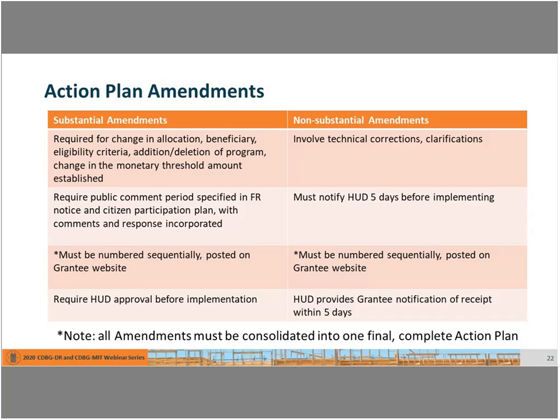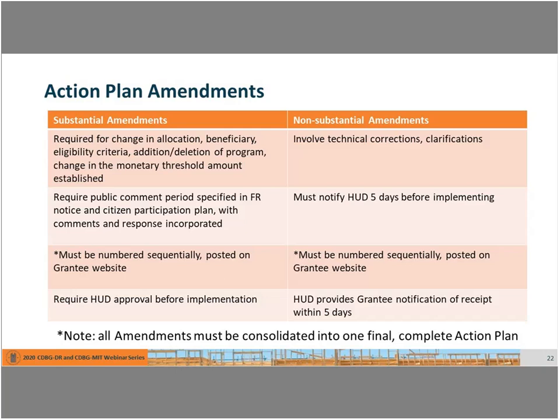I skipped over the middle bullet there. I'm going to hit on that as we go through the substantial amendments as well. So on the substantial amendments, you can see a pretty specific list of what drives a substantial amendment. If you plan to make changes in allocation, beneficiaries, eligibility criteria, add or delete a program, or change the monetary threshold amount that was established for a program.